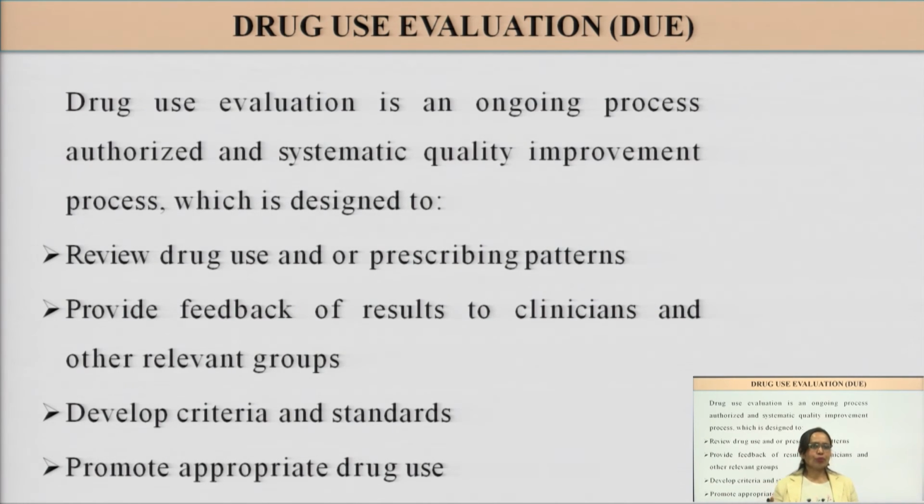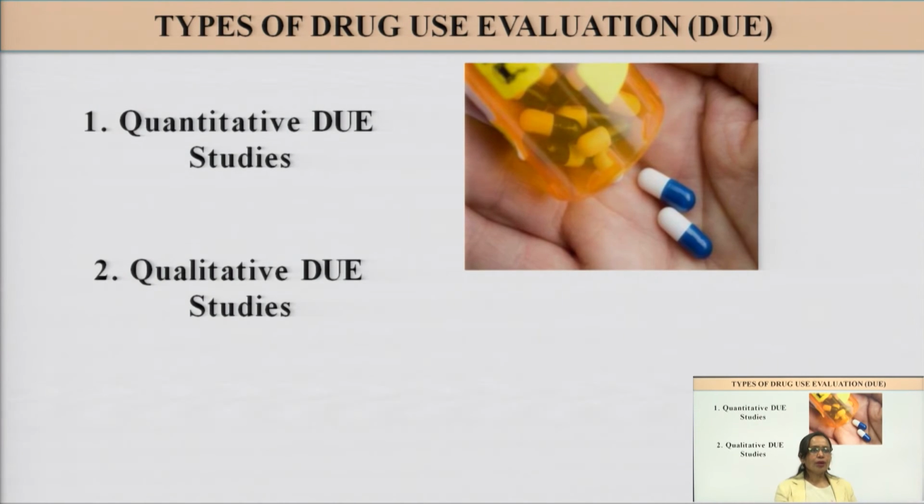So, all these four come under drug use evaluation: review drug use and/or prescribing patterns, provide feedback of results to clinicians and other relevant groups, develop criteria and standards, and promote appropriate drug use.